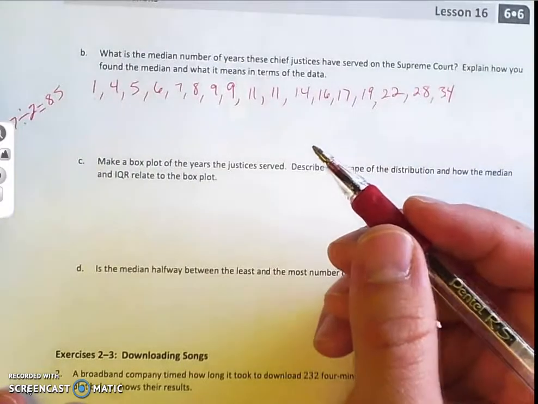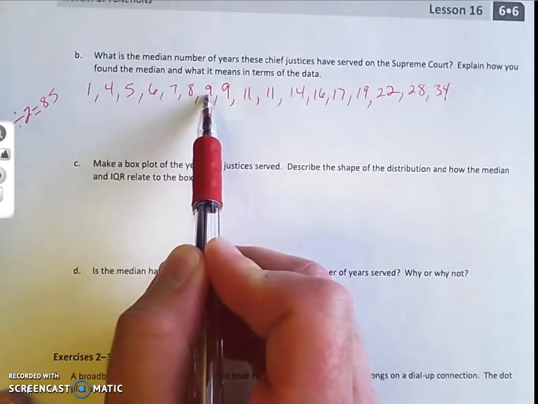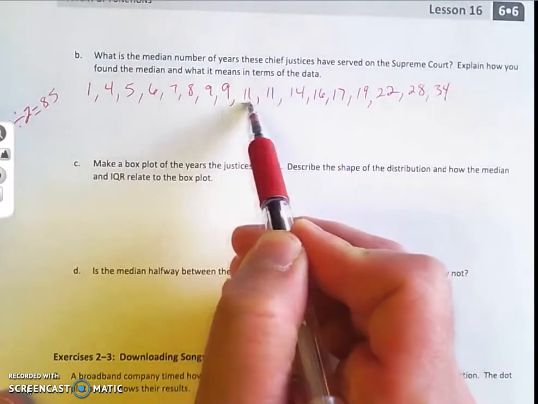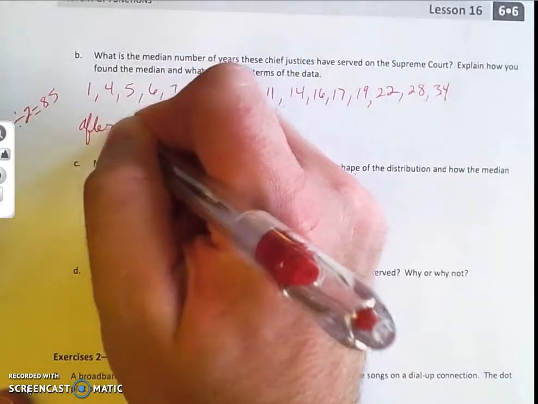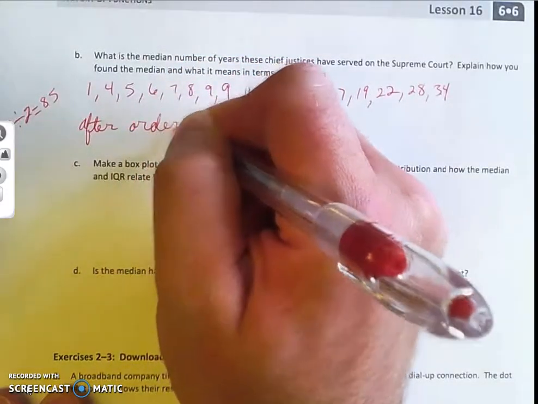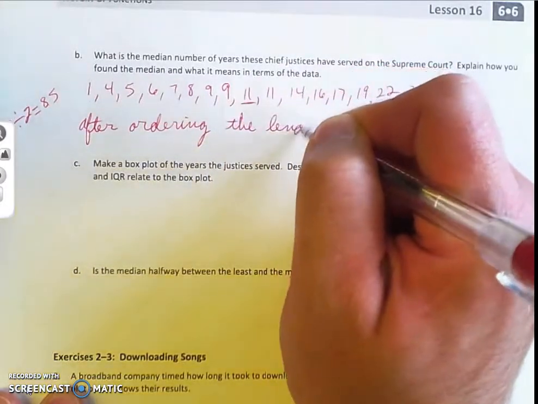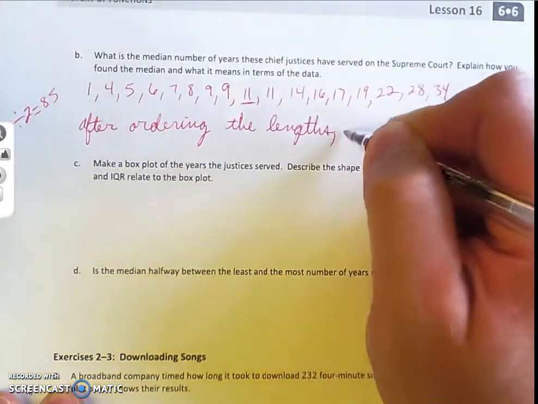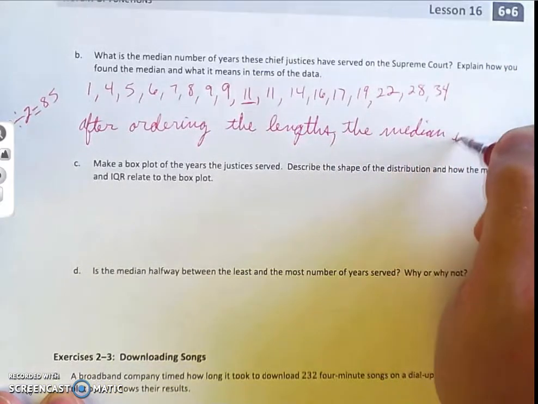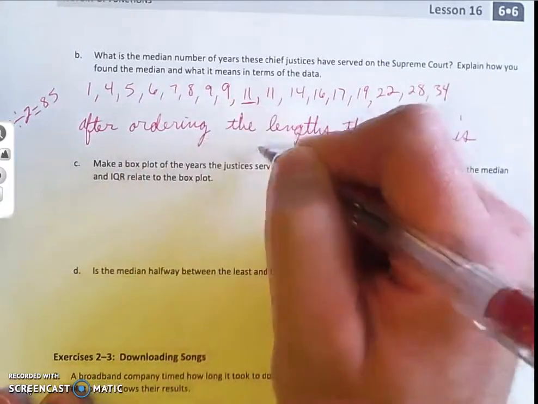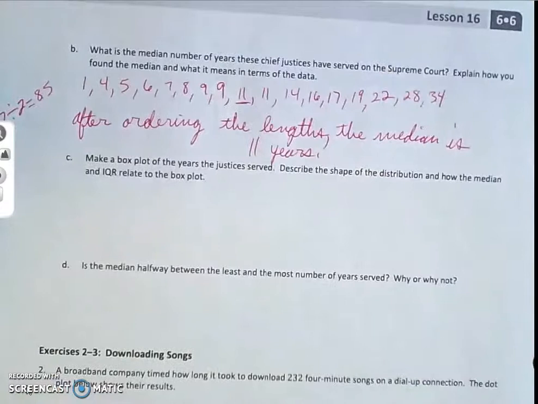So justice number 9 is going to be our median, which gives us a median of 11. So after we put it in order, the median is 11 years.